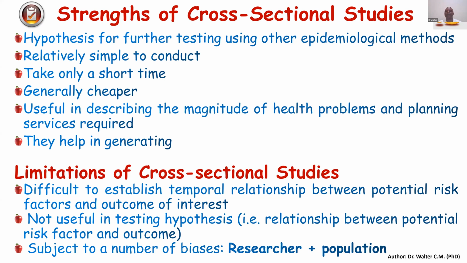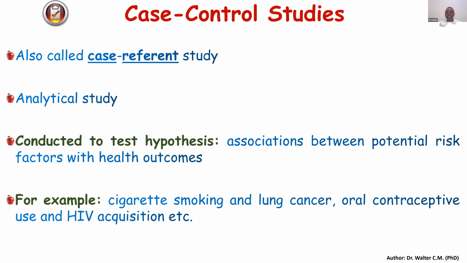So it's very easy to commit biases. And then for the population, sometimes it's recall bias. They can inform you or underinform you about the topic of study. Yes, so that is the cross-section study, which falls under observational studies.